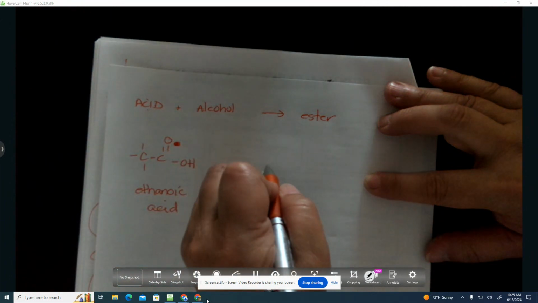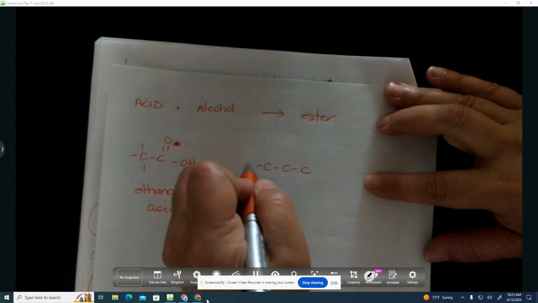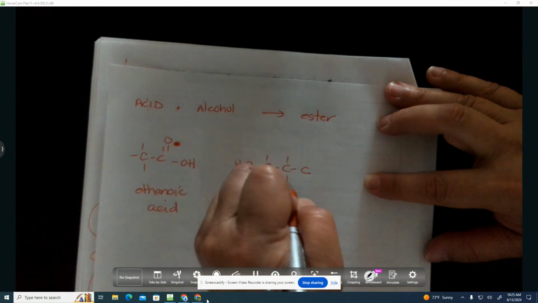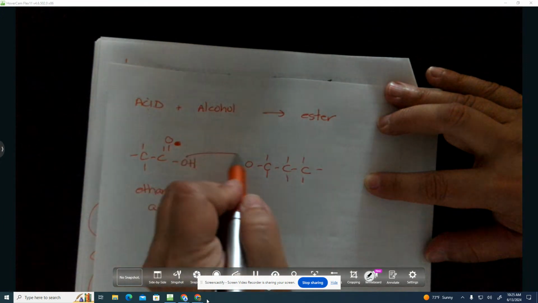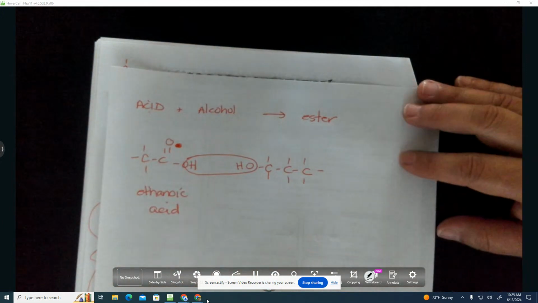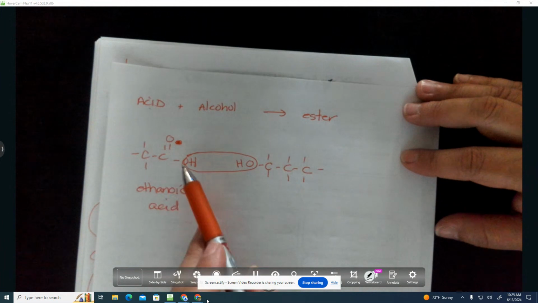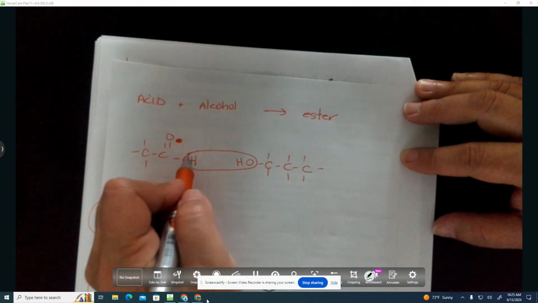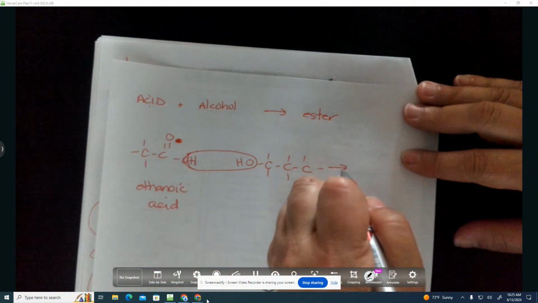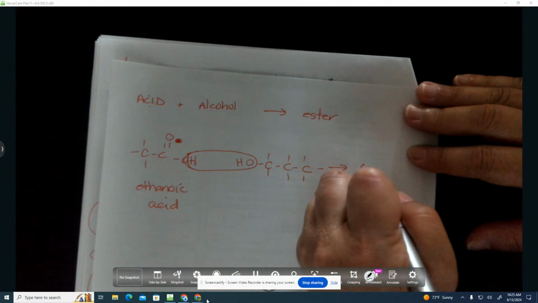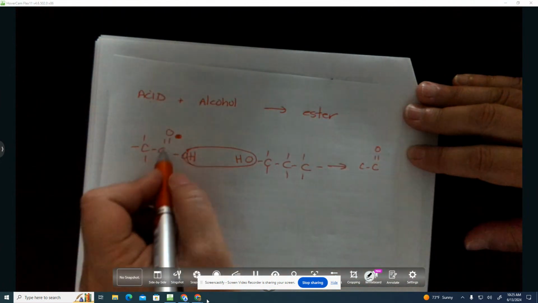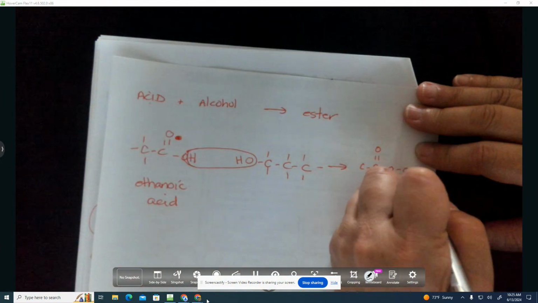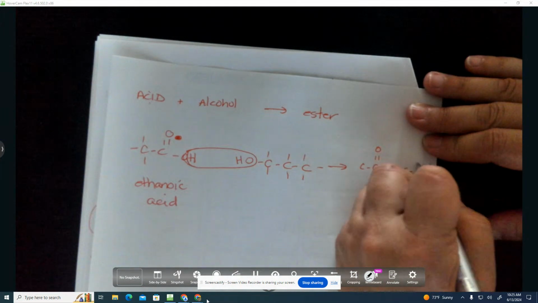And let's take propanol. I'm going to put the OH over here just because it's easier for me to show you what's happening. Take that water out. This oxygen is left. And it joins together and you make C double bonded O. See the double bonded O? O, C, C, C. I'm squeezing it on here.